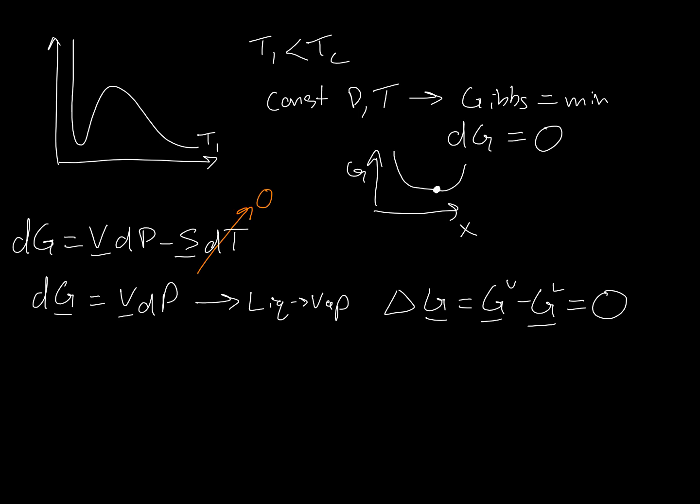So if these two phases are in equilibrium with one another, the delta G has to be equal to 0. And this is equal to the integral going from the liquid to the vapor of V dP. So all we're doing is using a simplified form of the first and second law.